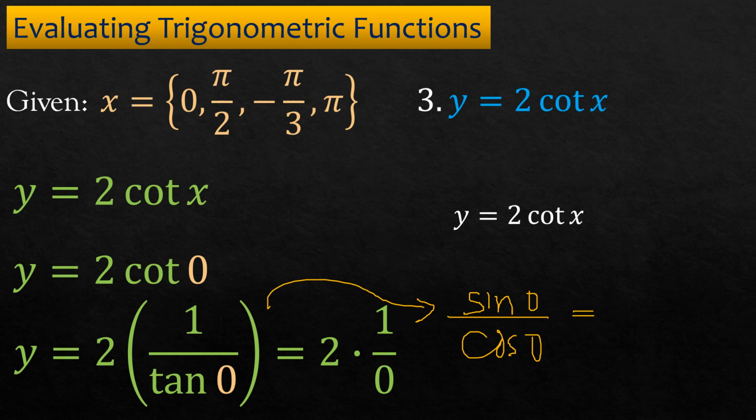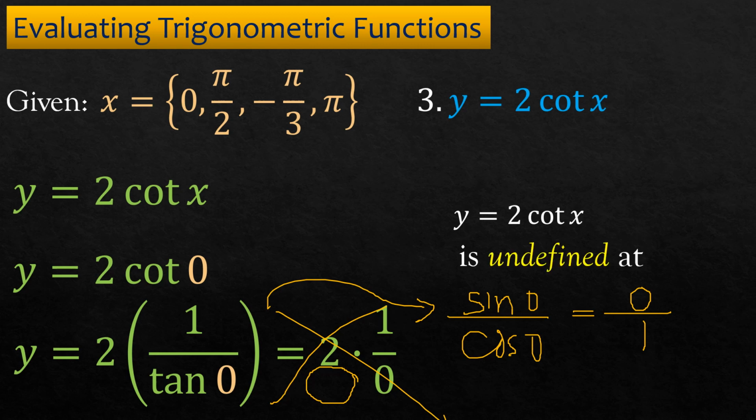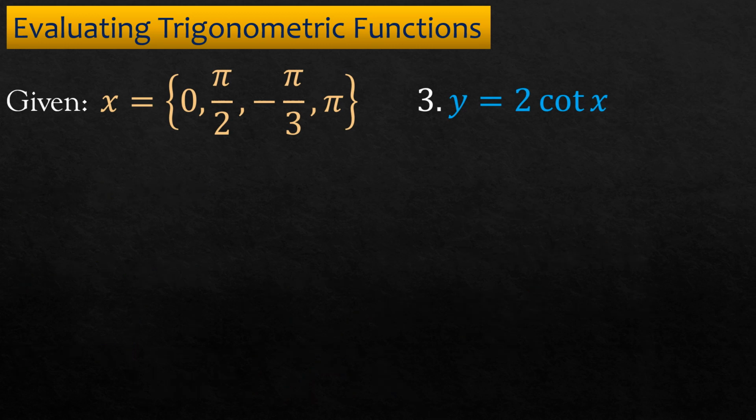And because sine 0 is 0 and cosine 0 is 1, therefore tangent 0 is 0. And 1 over 0 is not a proper indication that the value is known or defined. Okay, so y equals 2 cotangent x is undefined at x equal to 0.